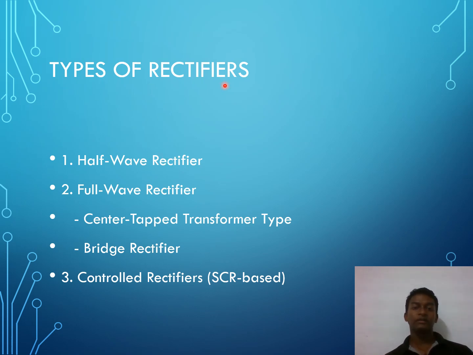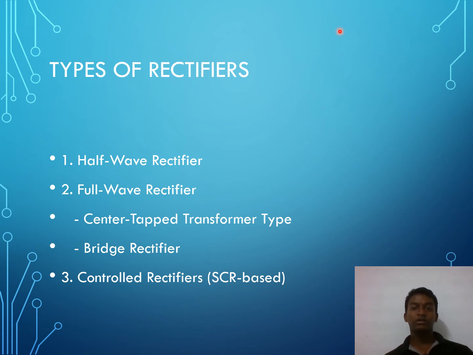Types of rectifiers. Rectifiers are mainly classified into half-wave and full-wave rectifiers, and in full-wave rectifiers, we have the center tapped transformer type and the bridge rectifier. In half-wave rectification, only one half of the AC cycle is used, but in full-wave rectifiers, both halves of the AC cycle are used, giving a higher average DC output.